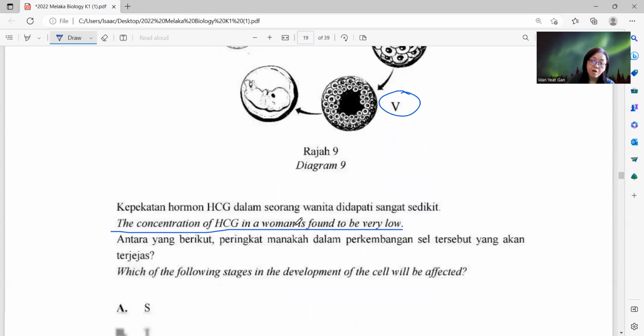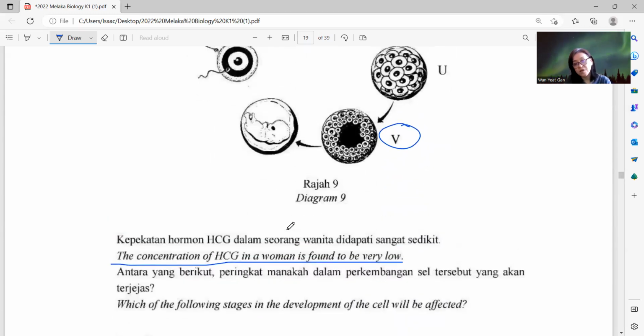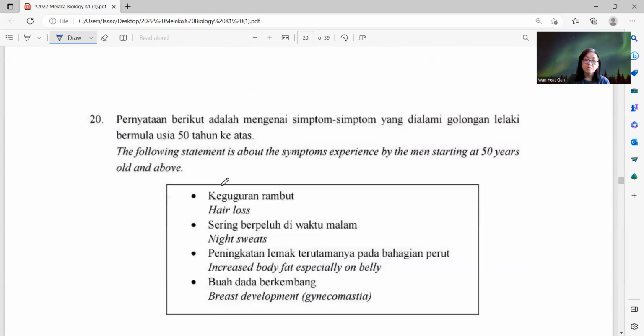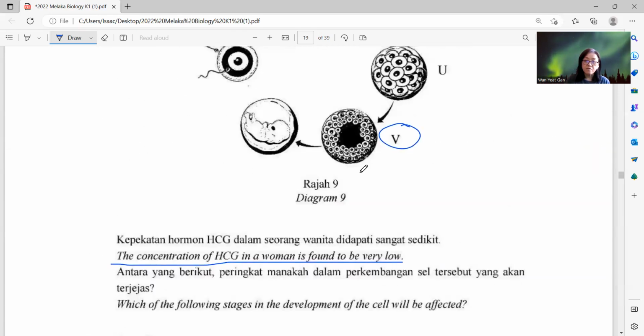So it might cause a miscarriage in the woman, because HCG helps to maintain the corpus luteum to continue to secrete progesterone and estrogen before the placenta can be fully developed to take over the job. So if it's low, then she might have a miscarriage. Okay, so the answer for this is B.